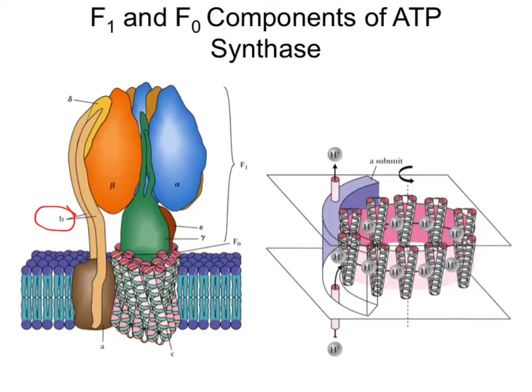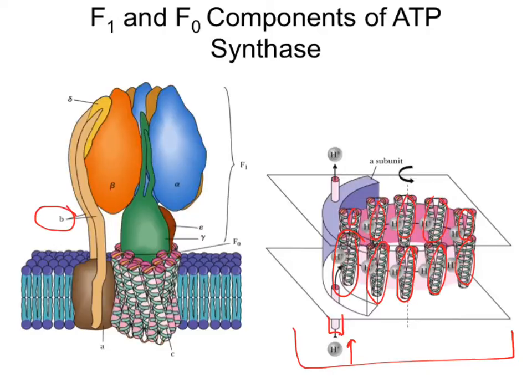If we take a look at the FO, which is what they're trying to show here, here's our input hole. H plus can come up into it, and it can bind to the C subunits. There's a whole bunch of C subunits all arranged in kind of a cylinder.